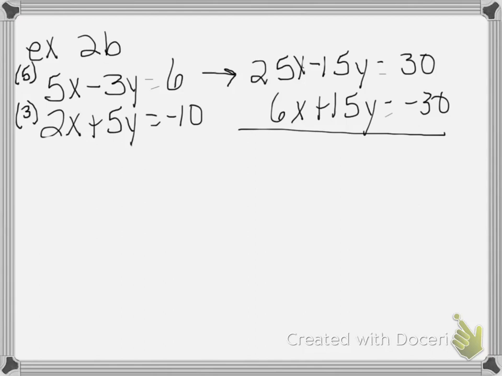Now, the y's go away because they're opposite coefficients. 25x plus 6x is 31x is equal to 30 minus 30 is 0.